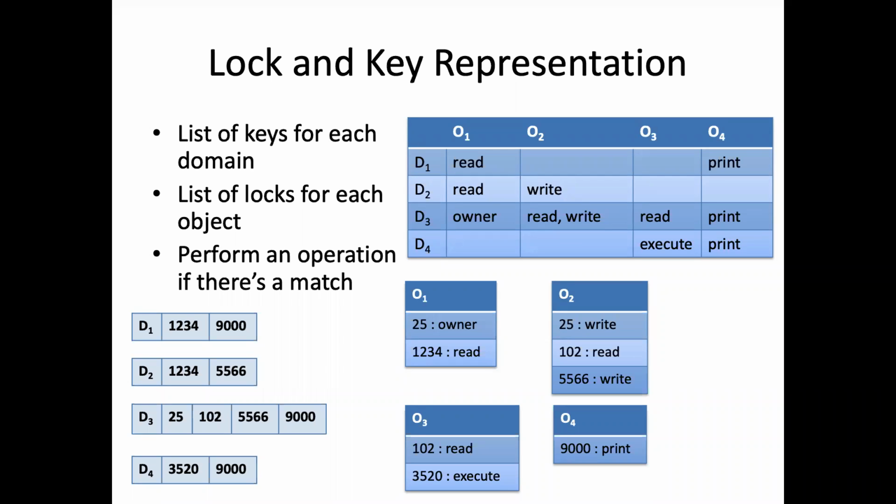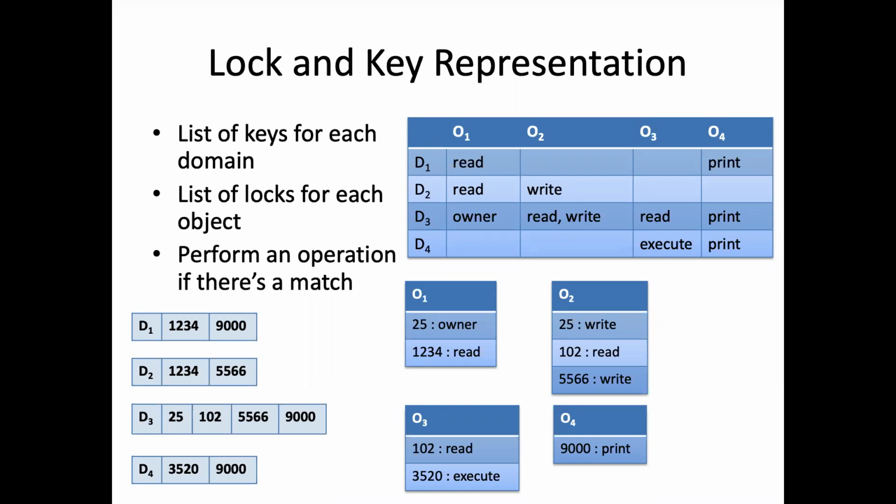So for access lists and capability lists, there was typically just one way to assign access rights, but for a lock and key mechanism, there are multiple ways to associate keys with particular access rights.